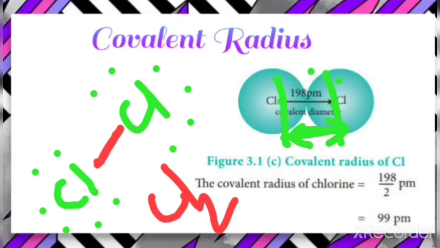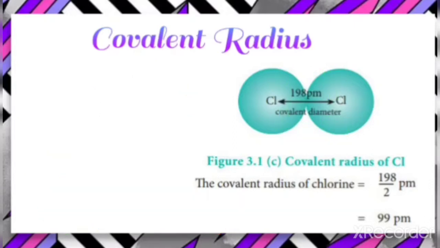So we can say that the molecule is covalent, and the bond is a covalent bond. The internuclear distance is called the covalent diameter here, and when you make half of that value, 198 divided by 2, you get 99 pm. So that is the covalent radius for the chlorine atom.